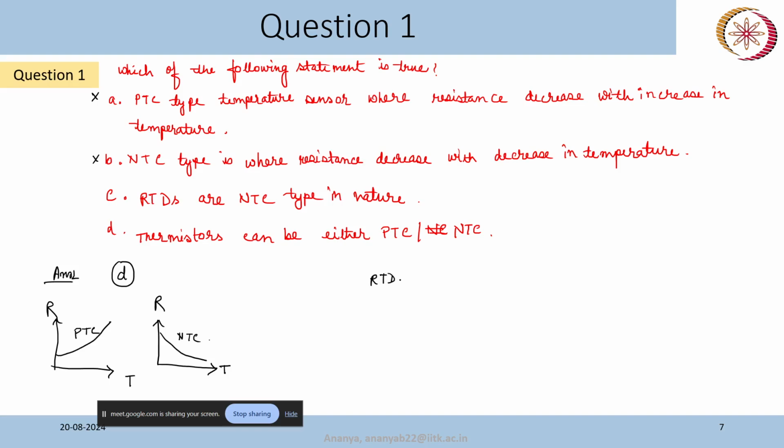So what happens in RTDs? These are resistance temperature detectors. Here the resistance of the material depends on the temperature, and RTDs are typically made using pure metal.